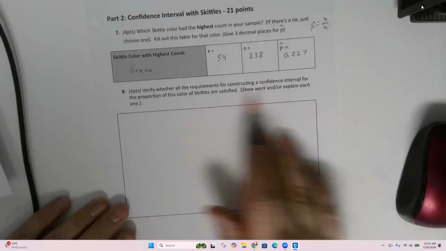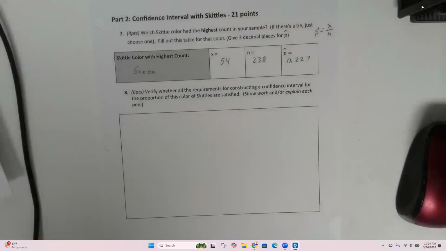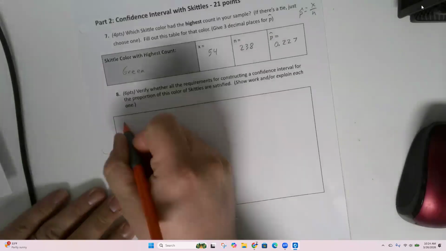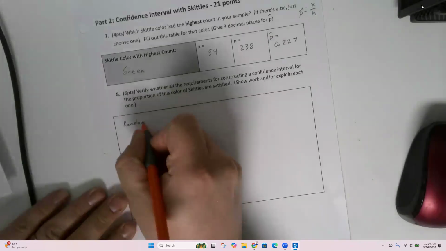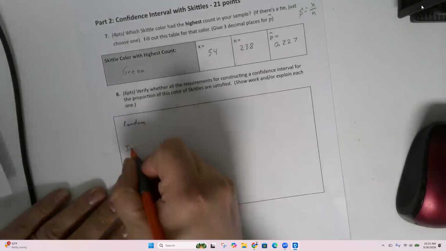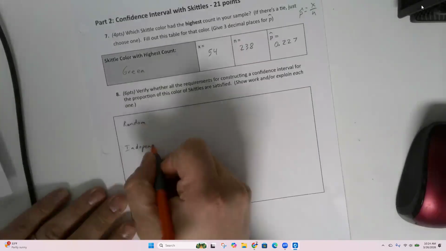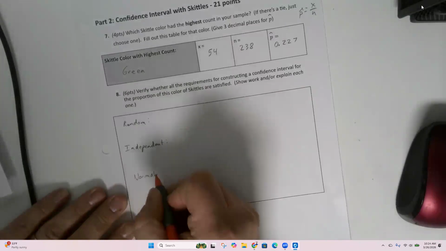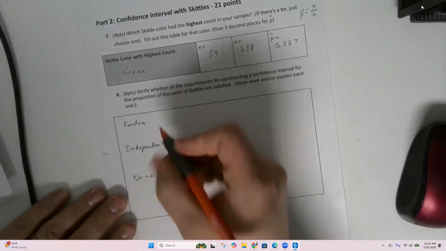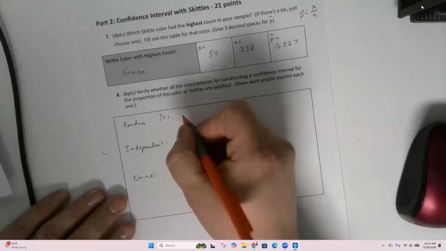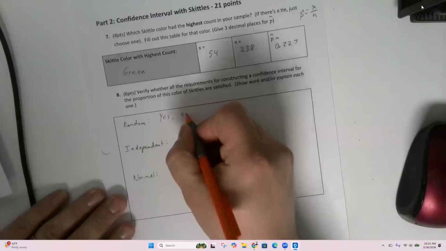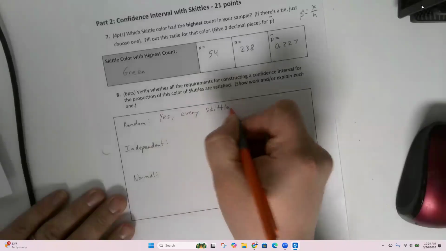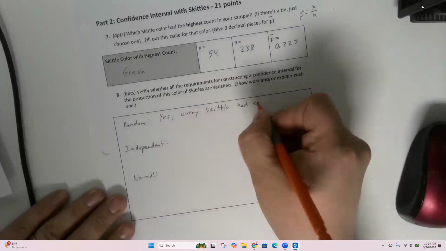Verify whether all requirements for constructing a confidence interval for the proportion of this color of Skittles are satisfied. So again, we need to check that it is random, independent, and normal. So random, yes, every Skittle had an equal chance of ending up in my sample, right?